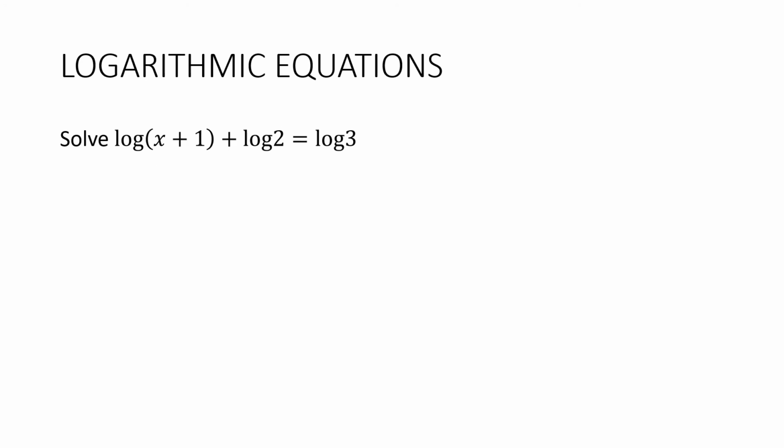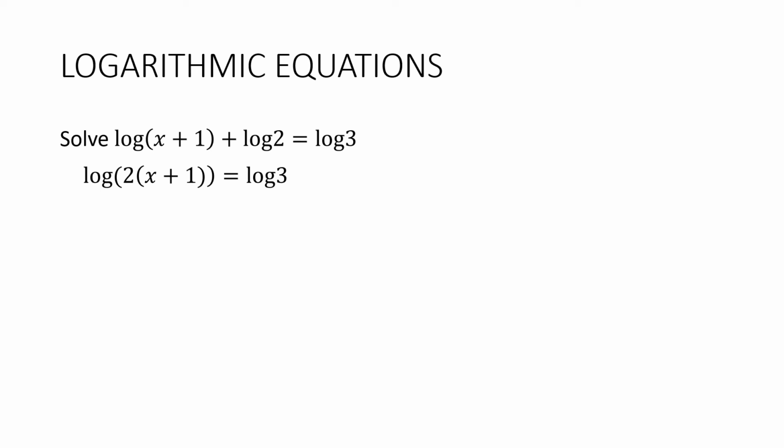So here we've got a log equation that's got several terms. Now we're going to have to use our log laws to solve this. The first thing to check is if the bases are the same, which they are. So when I add logs that have the same base, I multiply the arguments. So this is equal to log of 2 outside of brackets x plus 1 is equal to log 3.